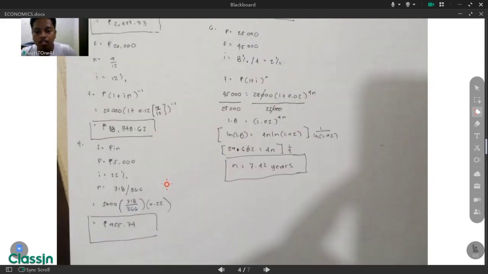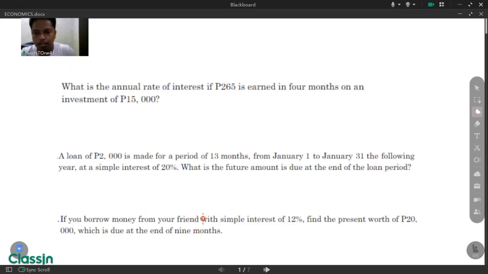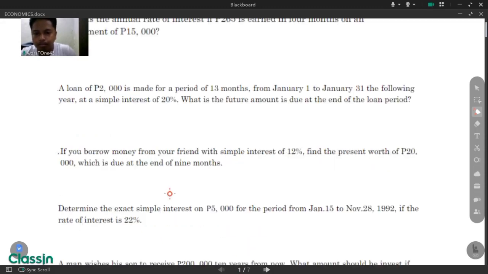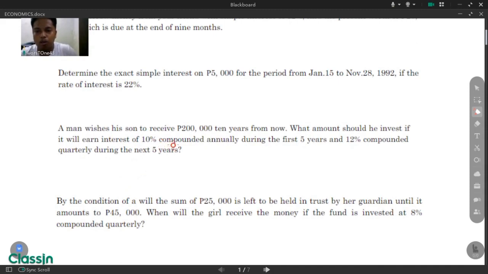Next is number 5. Okay, let's proceed to item number 5. A man wishes his son to receive 200,000 10 years from now. Okay, so let's consider it as our future value.